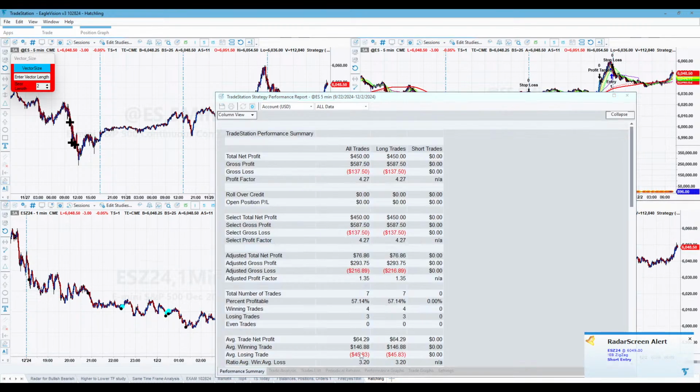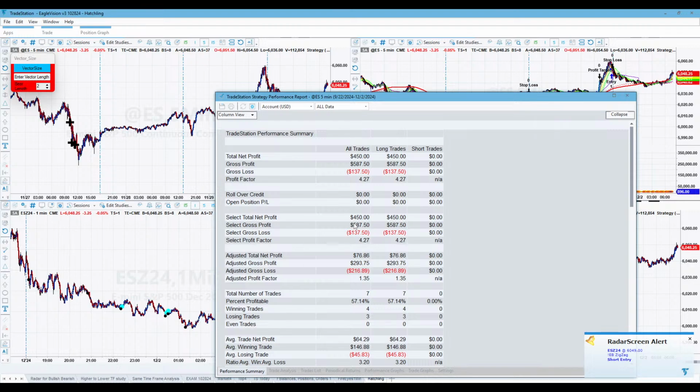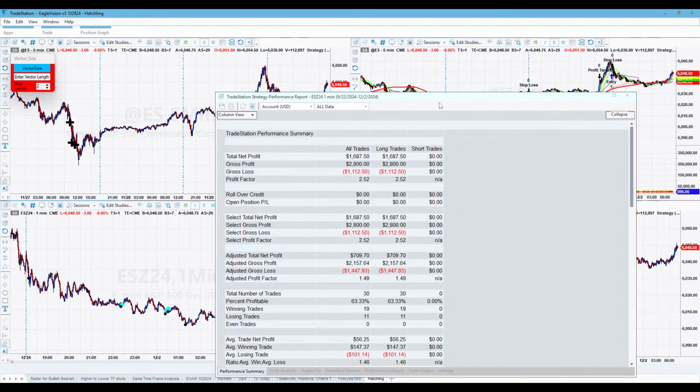And then here, this last one, this performance curve. And I understand that not everything is going to be straight up. There will be losses along with the wins.